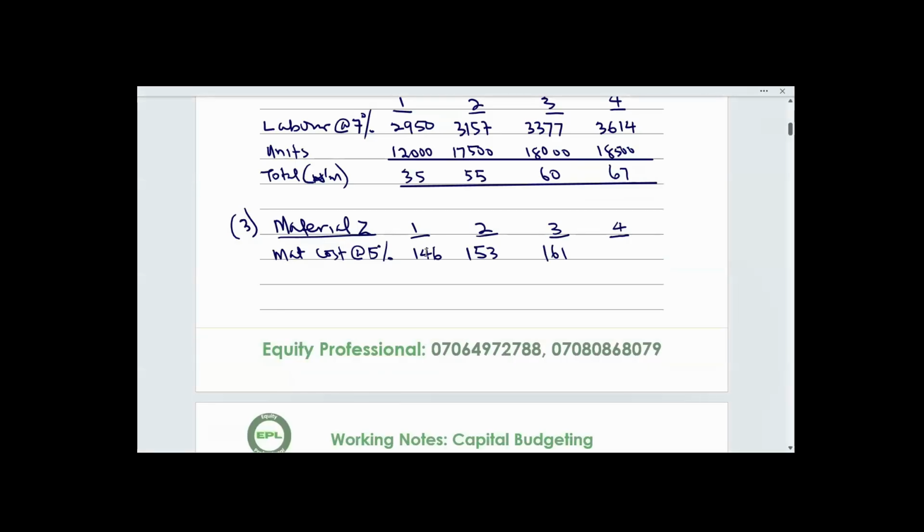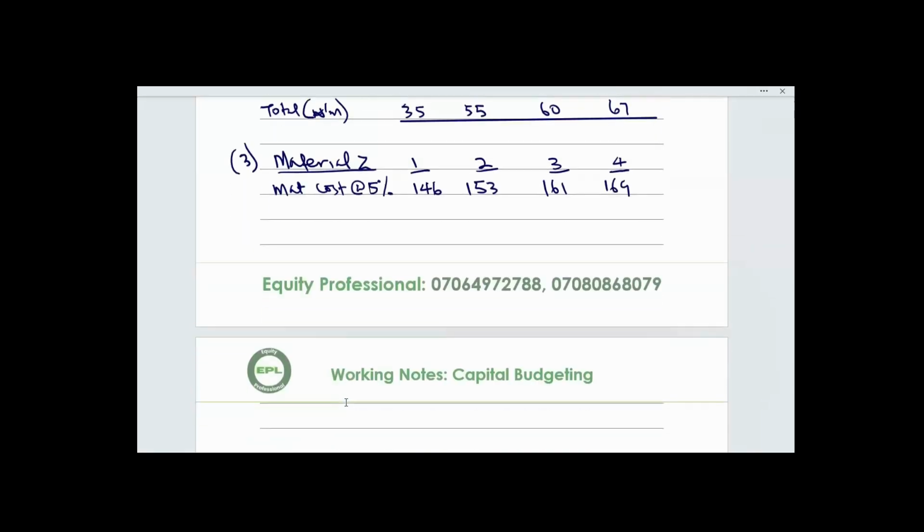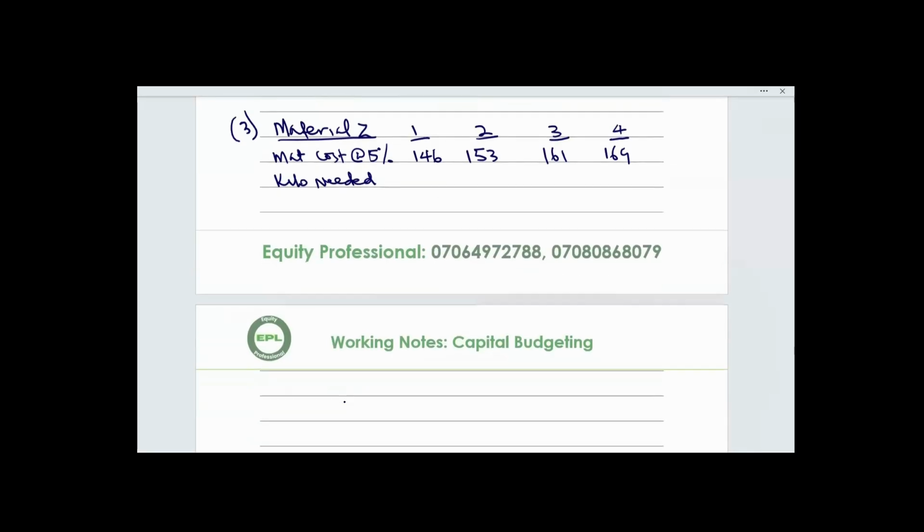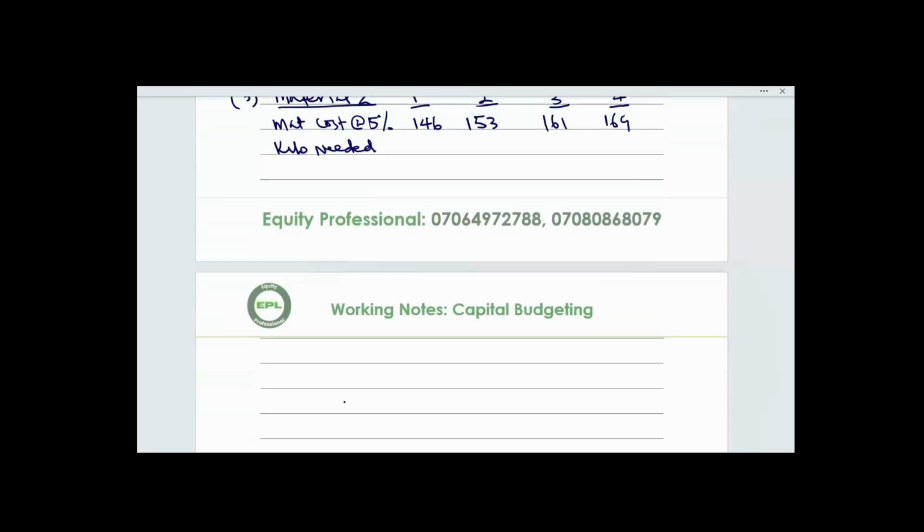What you have in the calculator multiplied by 1.05, that's 169. So we have inflated the material Z. The next thing is to multiply this material cost with kilos. How many kilos are needed for each year? So let's go and do workings for the kilo needed.